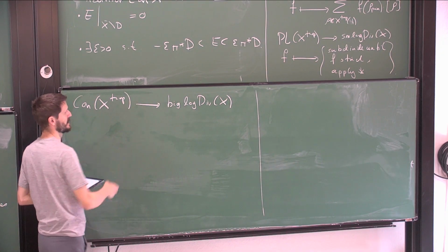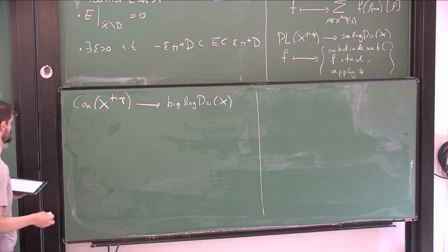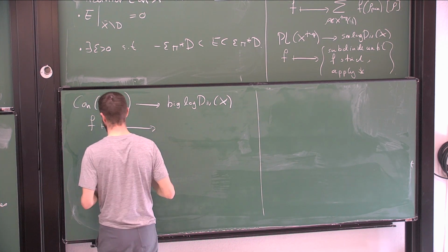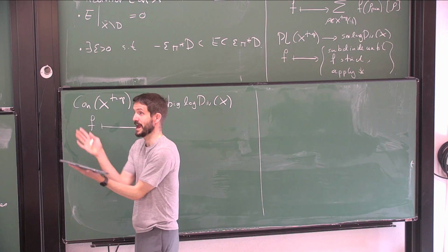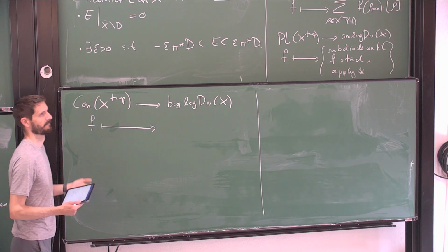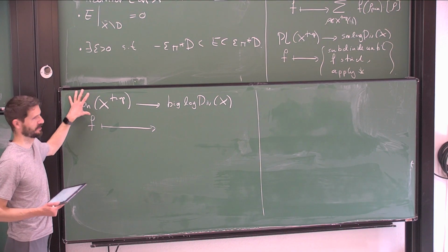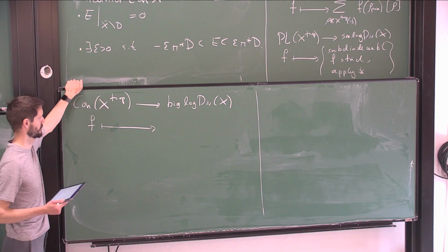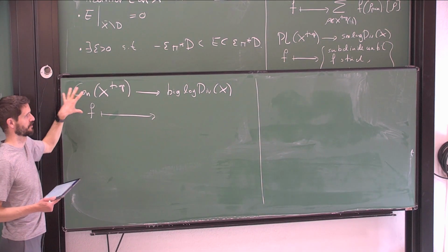So conical, I just mean a function that's linear on each ray. Sorry, linear on every rational point? Yes, every possible ray. We only actually care about the values on the rational points. So a conical function on the rational points.